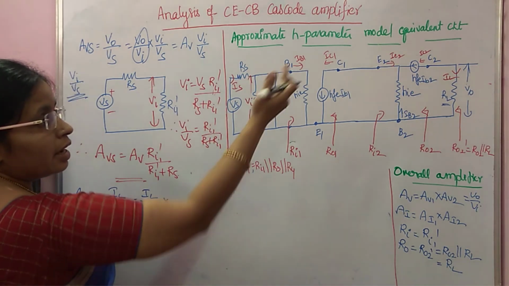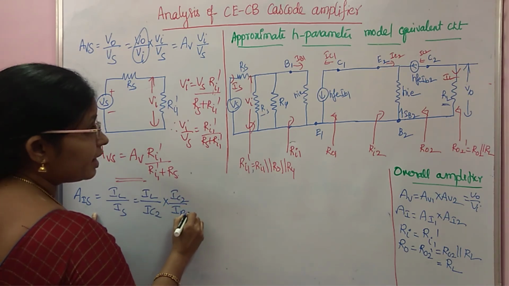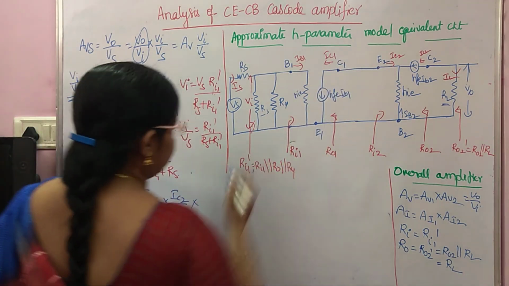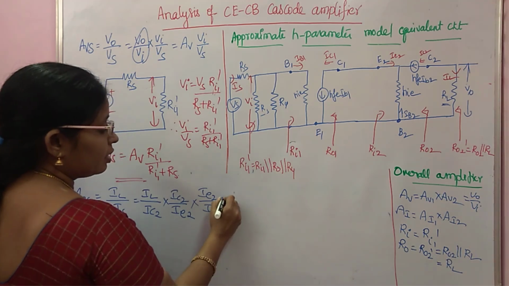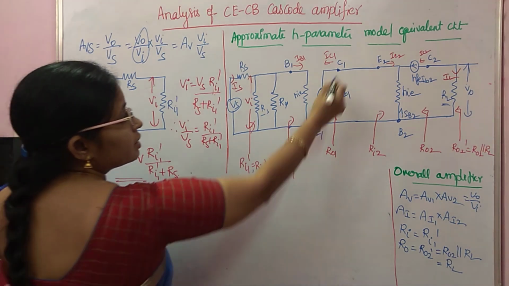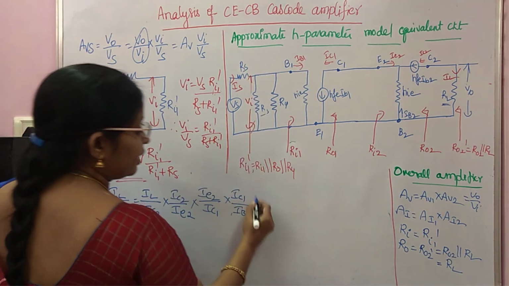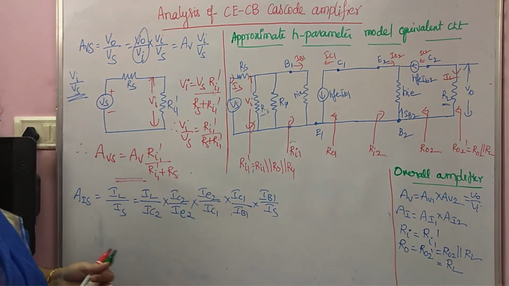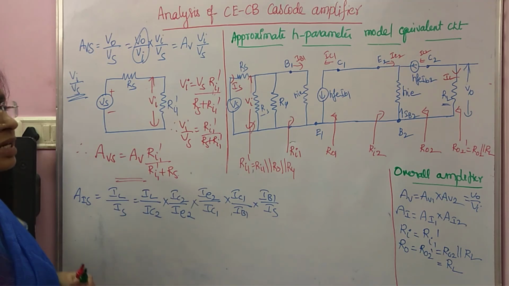IC2, back current, IE2, yes, this is IE2, and the back current IC1, the next current IB1, the next current IS. These are the currents.